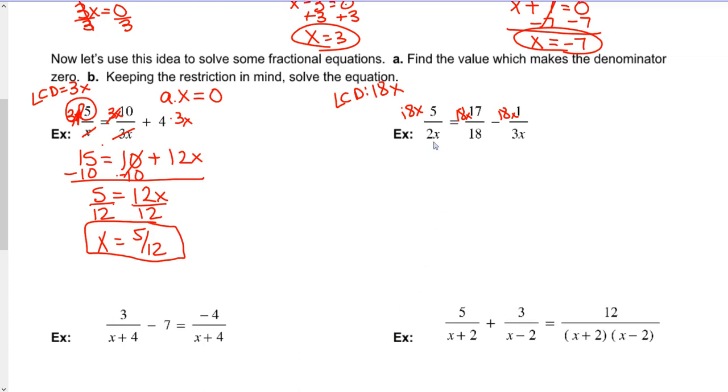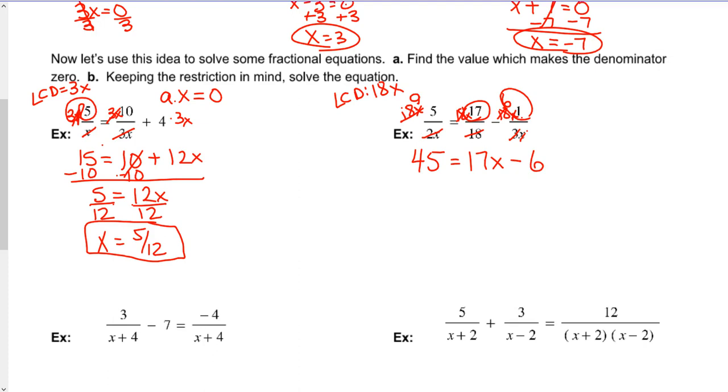All right, so if I do 2 into 18, that goes 9 times. The x's cancel. So I'm going to have just 9 left over here, multiplied by that 5 gives me a 45. This 18 will cancel that 18, and I'm left with 17x minus, x's will cancel here, and 3 will go into 18 6 times, that 1 gives me a 6.